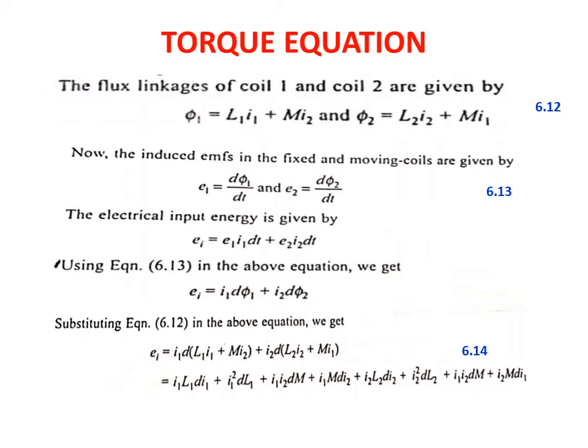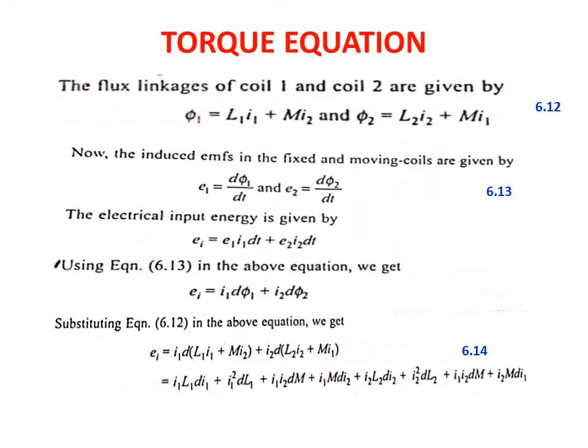The flux linkages of coils 1 and 2 are given by phi 1 equal to L1 I1 plus M into I2, and phi 2 equal to L2 I2 plus M into I1. Now the induced EMFs in the fixed and moving coils are E1 and E2, and the electrical input is given by EI equal to E1 I1 dt plus E2 I2 dt.